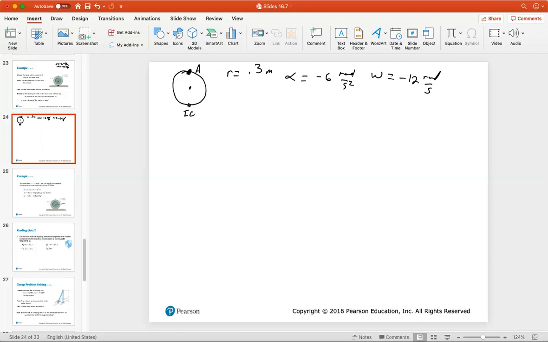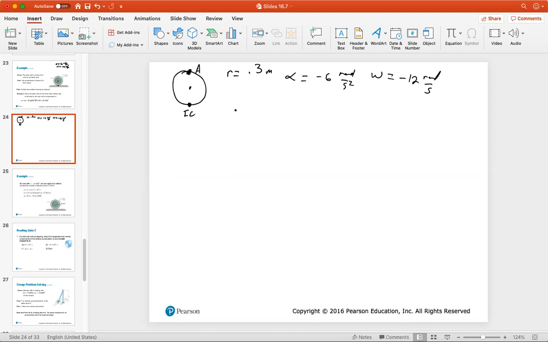Because I know that this point has no horizontal acceleration, that can kind of help me. Furthermore, I know that it only has centripetal acceleration.